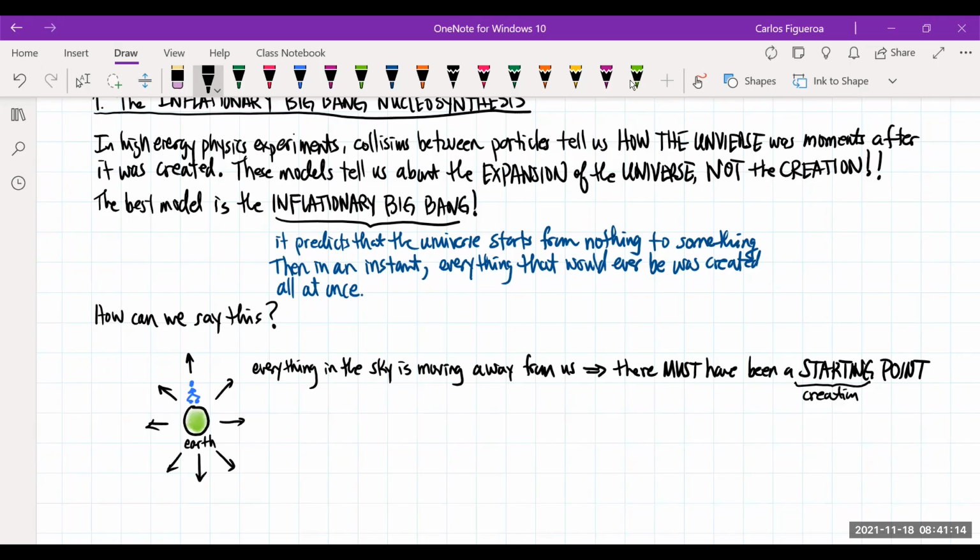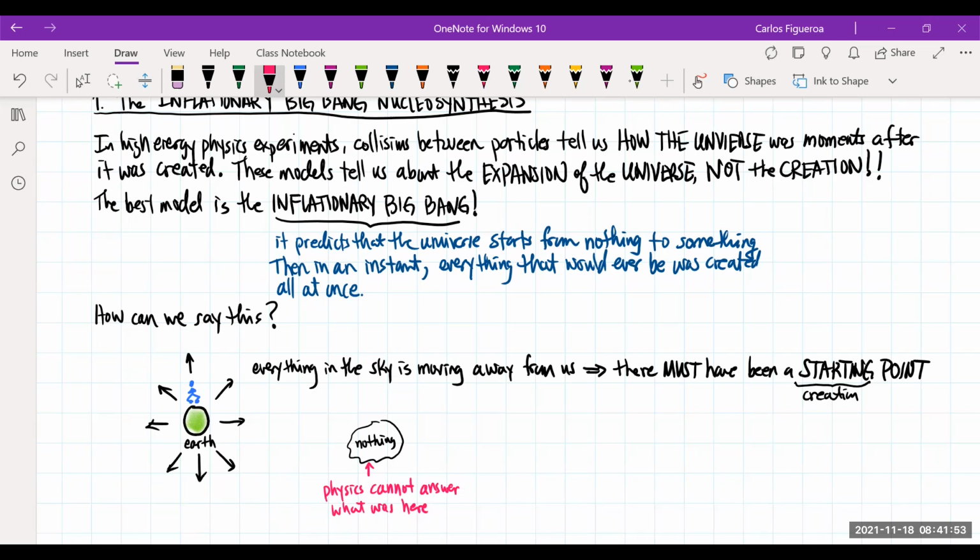Picture-wise, it looks like this. The inflationary Big Bang model says we start from nothing, and physics cannot answer what was here.